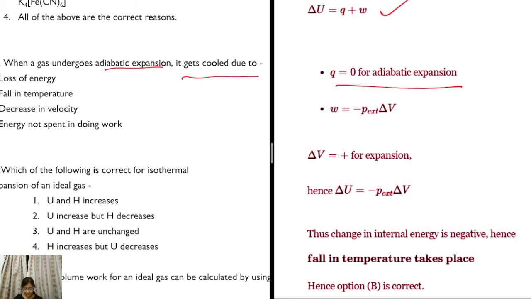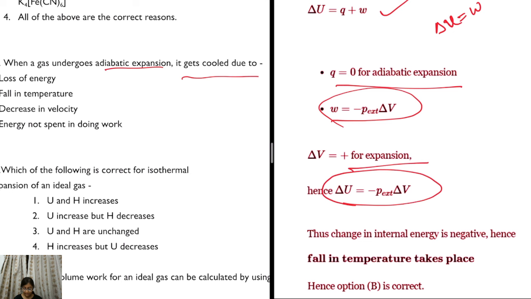Then what we are left with, del U would be equal to W. Okay, and W equals minus P delta V. And for expansion, del V would be positive because upon expansion, volume will be increasing. Okay, so this would be our final expression.